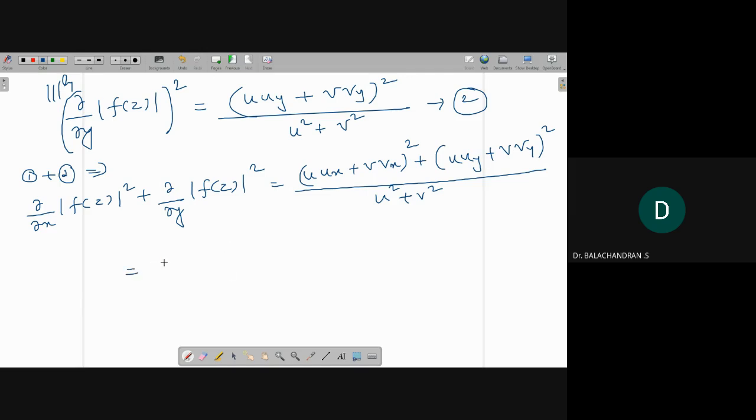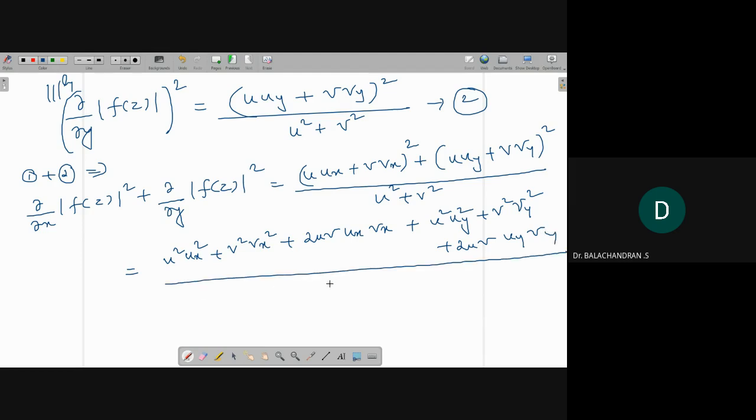You'll get u square ux square plus v square vx square plus 2uv ux vx, plus u square uy square plus v square vy square plus 2uv uy into vy. The denominator is u square plus v square.